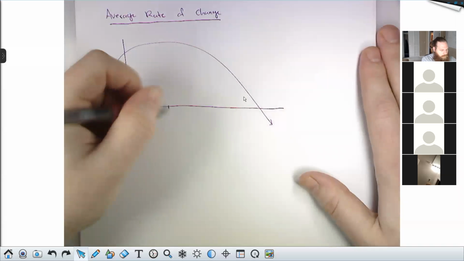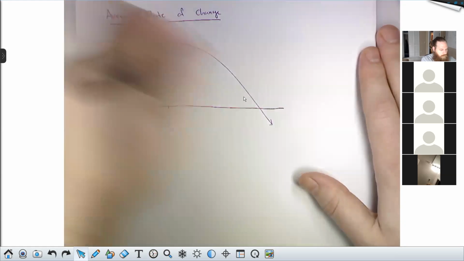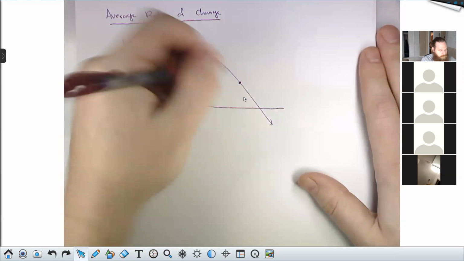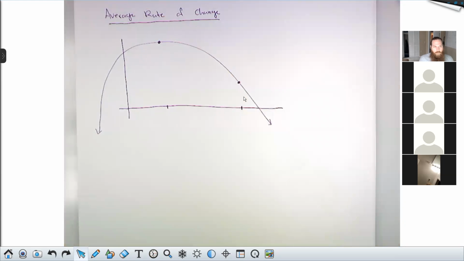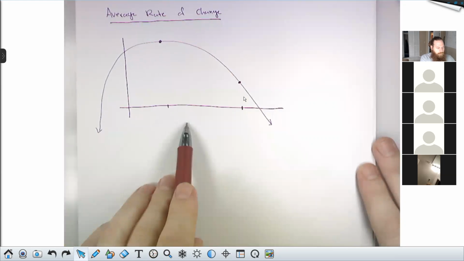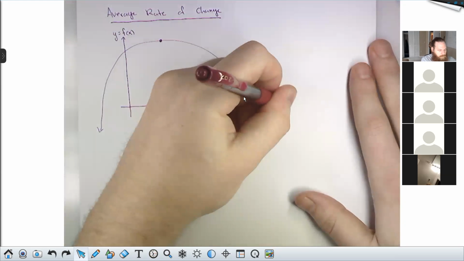And you want to know, between one point on the graph of the function and another point, how much the function has grown or shrunk over that interval. Remember, we think of the y values as outputs, f of x, and the input values we call x.